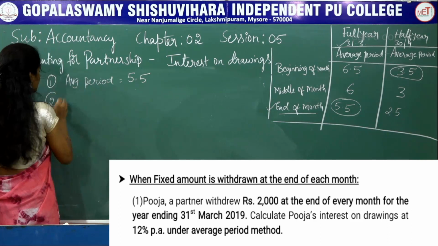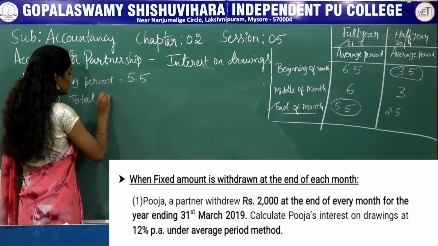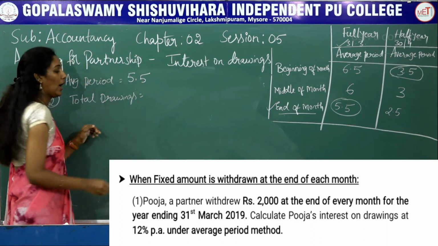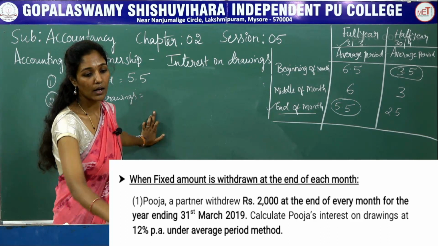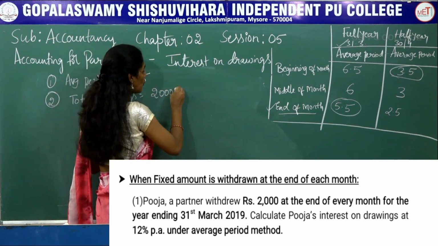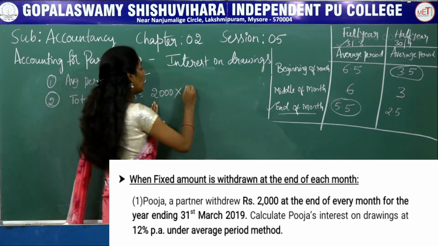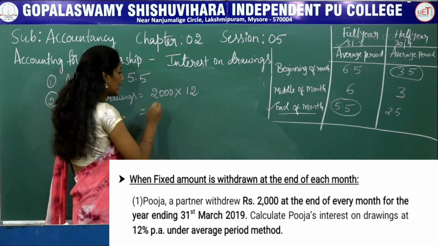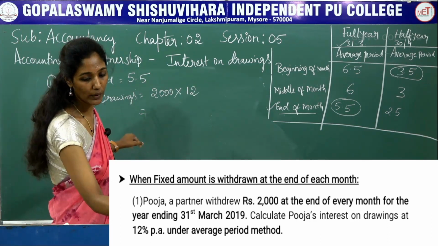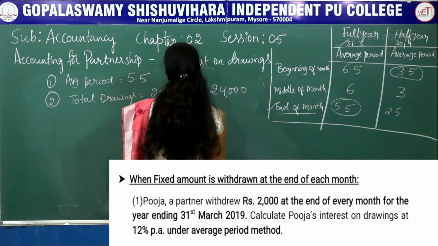In the second step, calculation of total drawings: she has withdrawn rupees 2000 at the end of every month till 31st March. Multiplied with 12 months, 2000 into 12, you will get rupees 24,000. This is the total drawings.